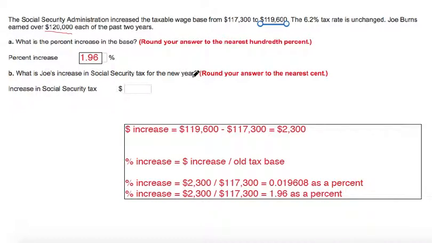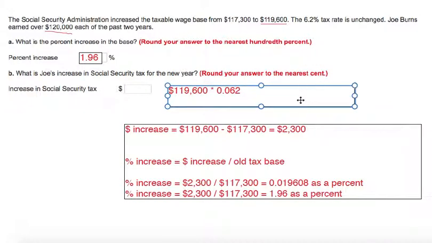So Joe's tax for the new year is he has to pay the full 119,600 times 0.062. So on your homework, make sure you're not multiplying Joe's salary by 0.062, but multiply the top of the tax base, because you don't have to pay Social Security tax over that tax base.